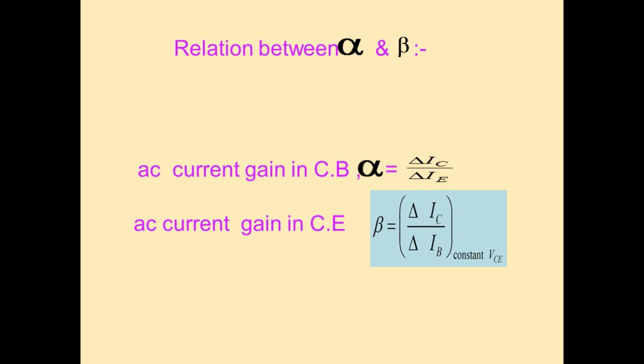Gamma is the current gain in CC mode. So the AC current gain in CB is alpha equal to delta IC by delta IE, and current gain in common emitter configuration, beta equal to delta IC by delta IB.